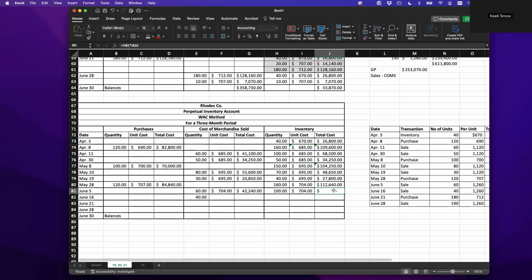Let's try that one more time. 100 times 704. Hey, there we go. And I had 100 and sold 40, so that was me with 60 times 704, which is 42,240. June 21st, we made a purchase.